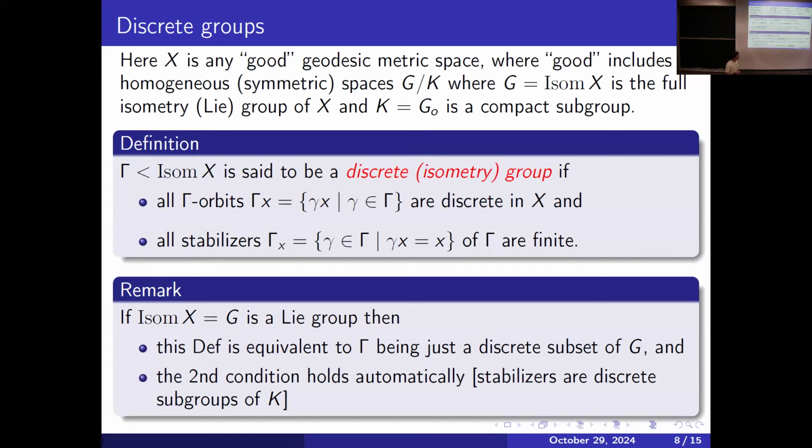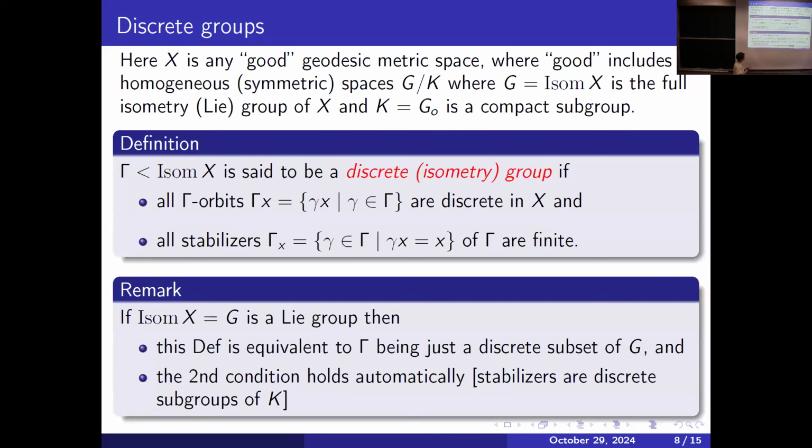It holds automatically, since stabilizers, these guys, are subgroups of gamma. The stabilizer consists of all elements that fix some point x.